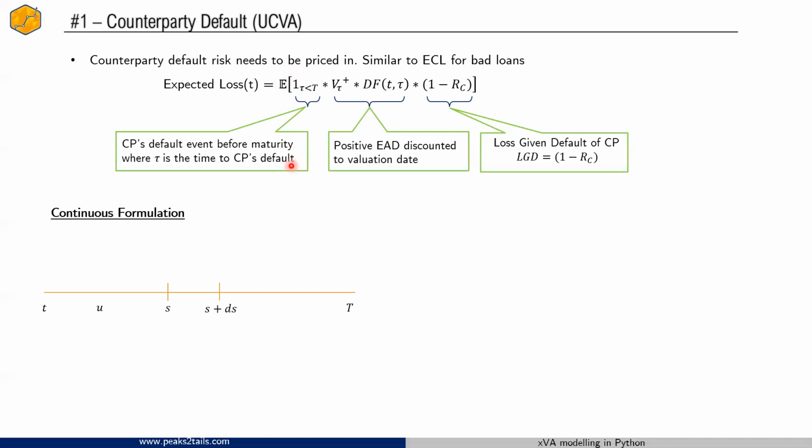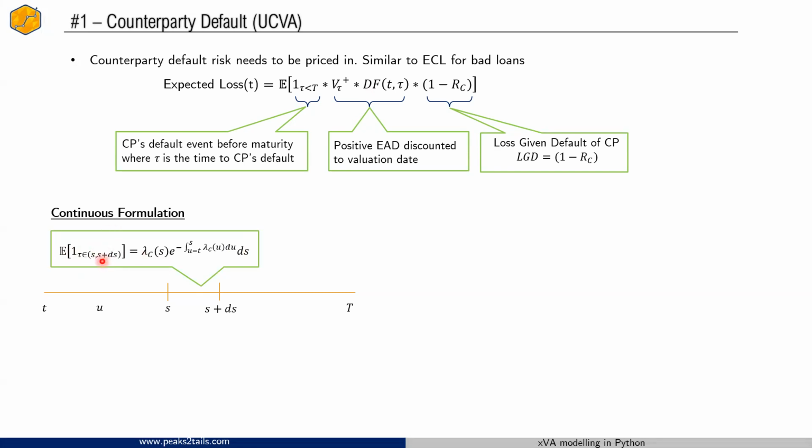If we take the expectation of the Bernoulli, it is actually just PD. Probability of default is the expectation. So what is the probability of default of the counterparty in this small time interval? That's the first thing that we are going to look at. The expected value of the counterparty defaulting, it's a 1 or 0.